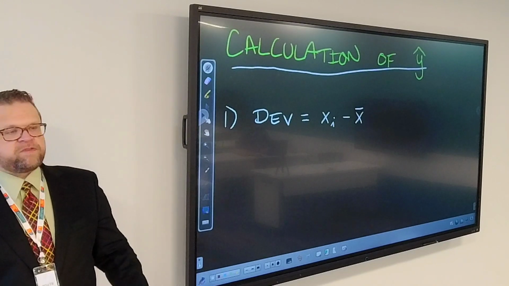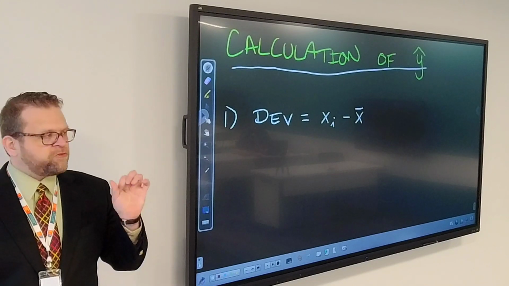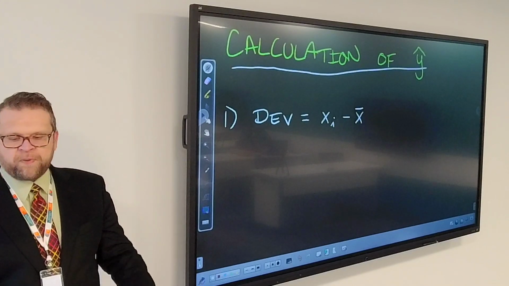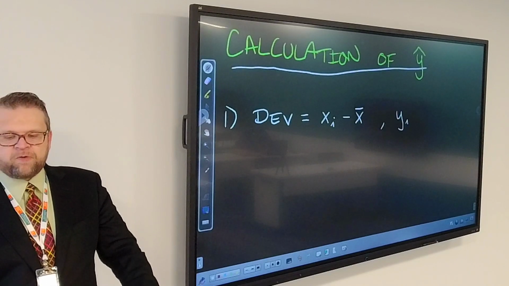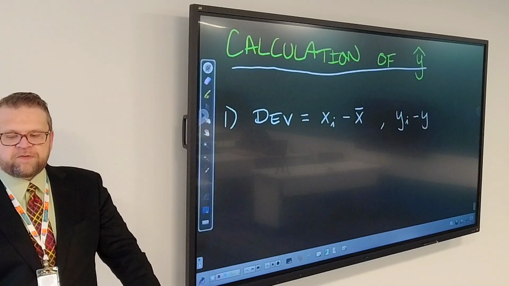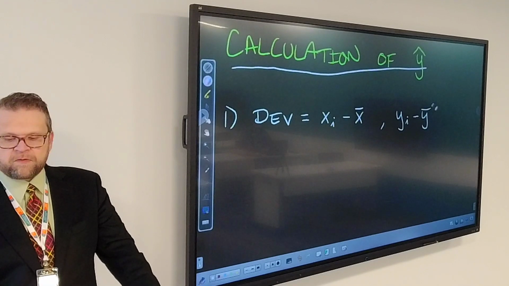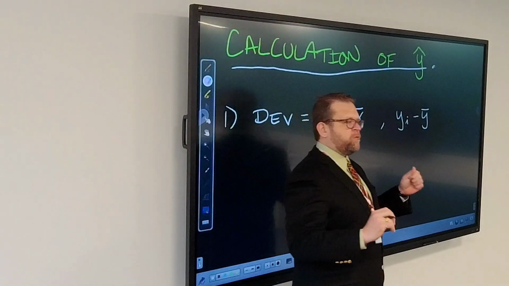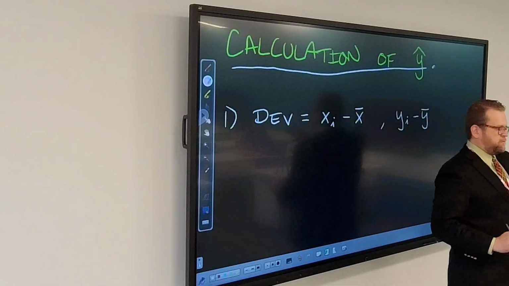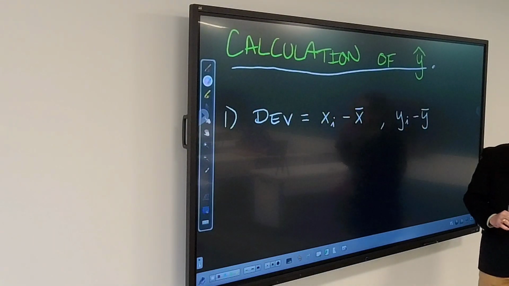But our data points aren't just numbers anymore, they're ordered pairs. So there's also a y-coordinate to deal with. You have your data set, it is a bunch of ordered pairs because it makes that plot of all the points.